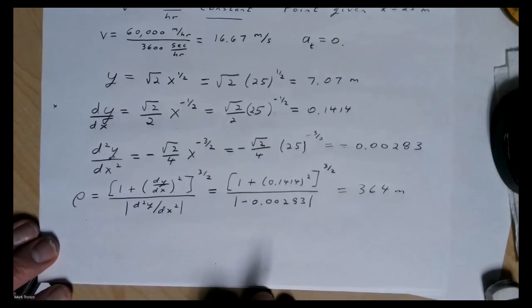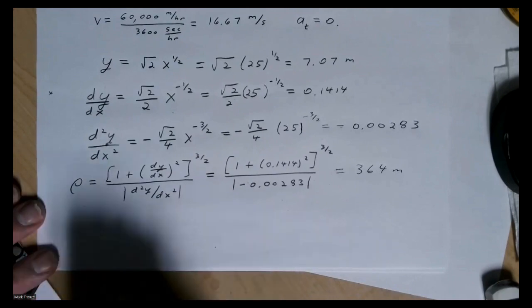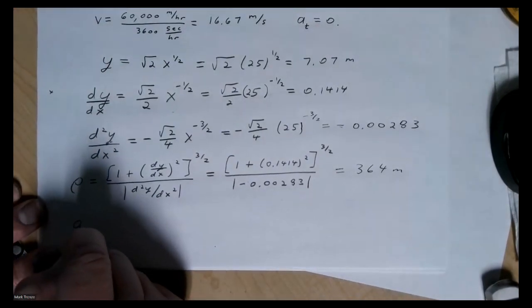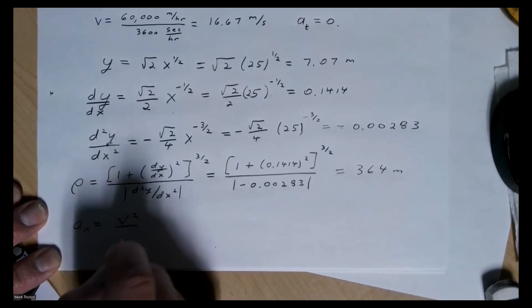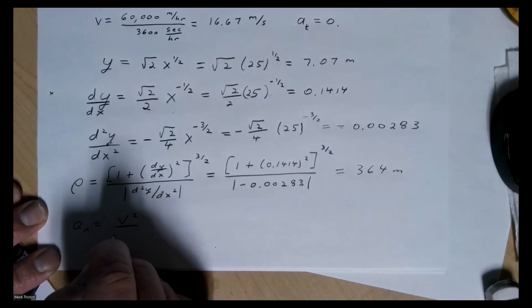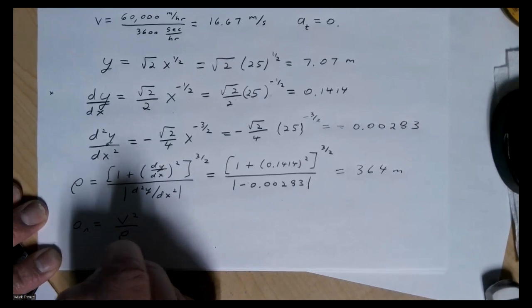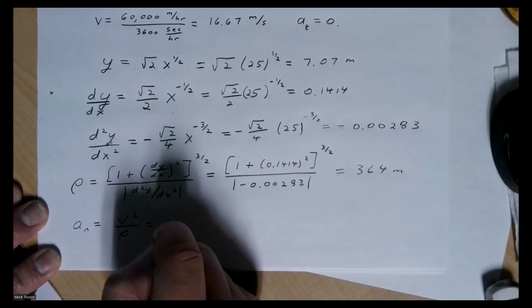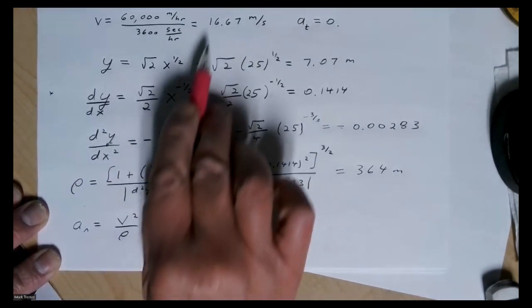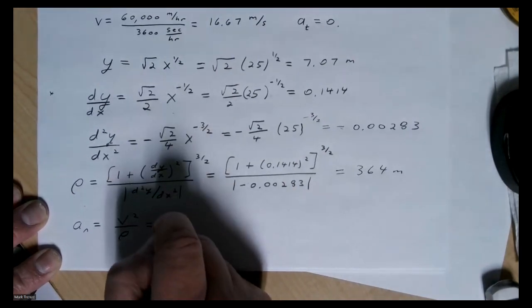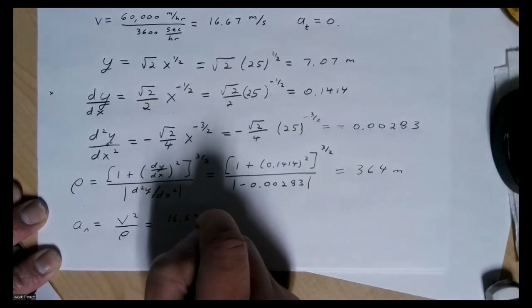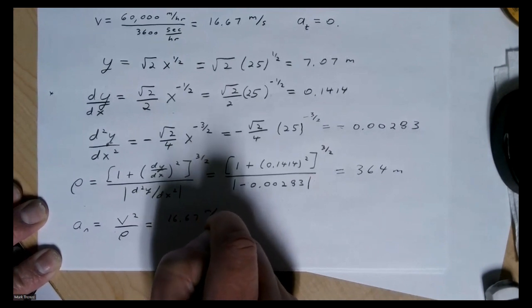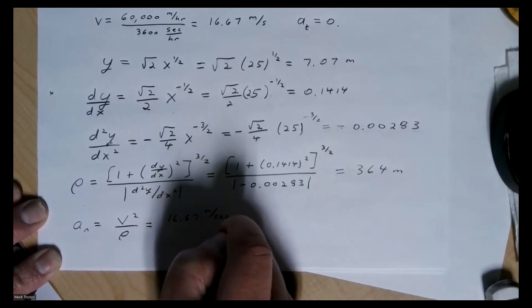So finally, we want to find the normal acceleration. Our normal acceleration, remember, is our velocity, which is always tangential velocity, squared divided by rho. And we found that to be 16.67 meters per second.